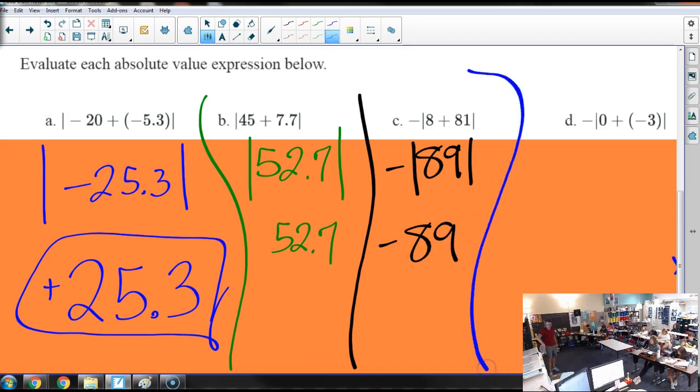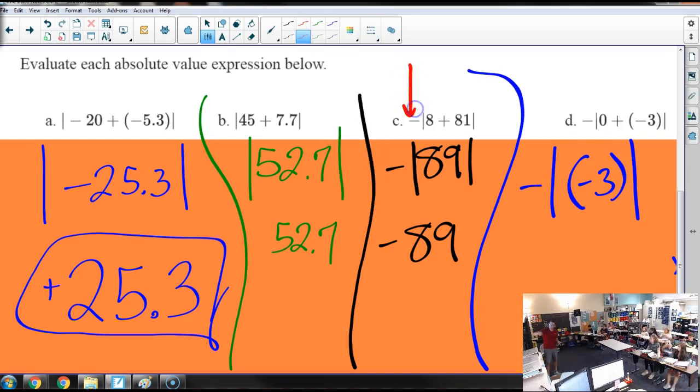89. Try D real quick. Hold up. He started at 0. He went 3 in the negative direction. I am way confused. Okay, why, Toby? Because for C, absolute value is just the distance from 0, so you said that can't be negative. You are absolutely right. This is outside, though.